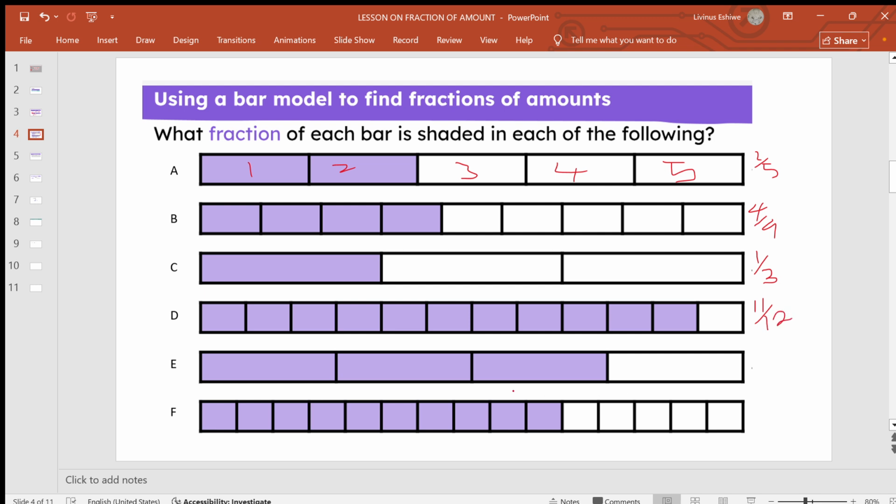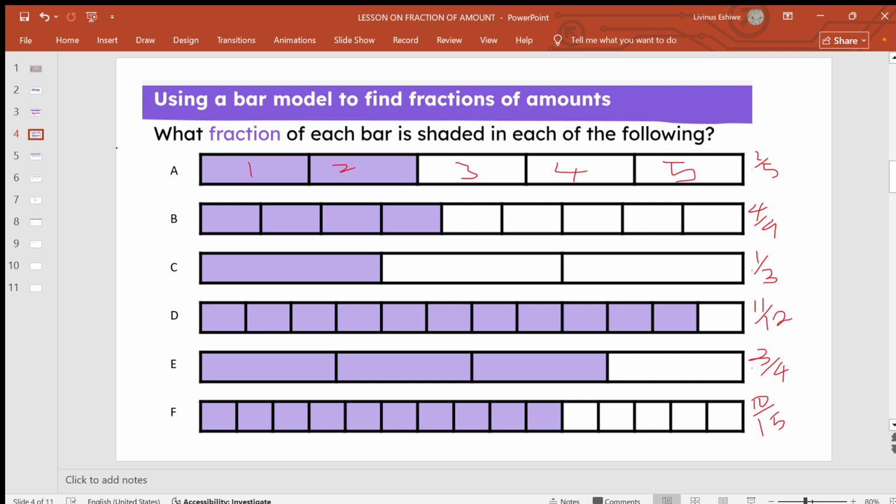So that means 11 over 12. For E, we have 4 different parts and 3 have been shaded. And finally, for F, we have 15 different parts, however 10 have been shaded. Now that is how we represent fractions using the bar model.